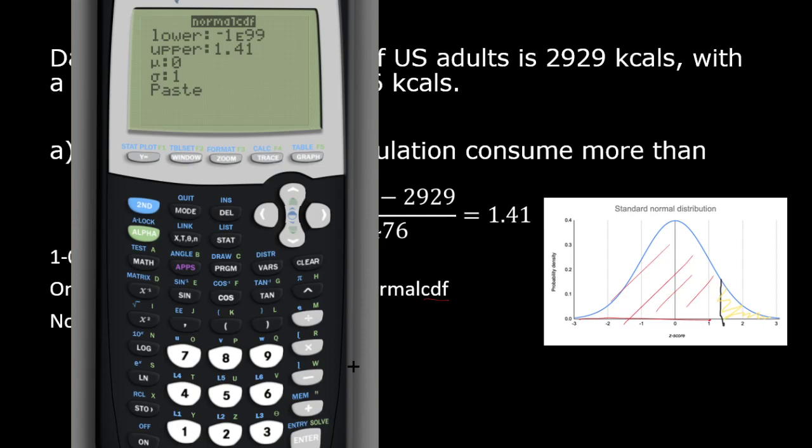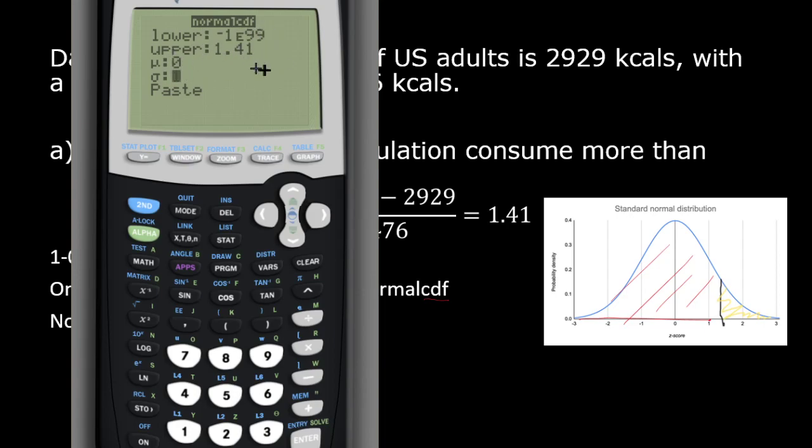And then the other one, mu is 0, sigma is 1, because we're working with the z-score, and z-score follows the standard normal distribution whose average is 0 and standard deviation is 1. So you never change these two numbers. Don't change the lower.